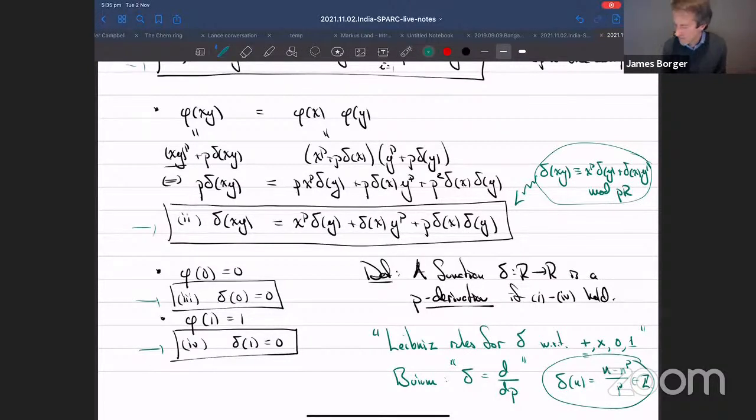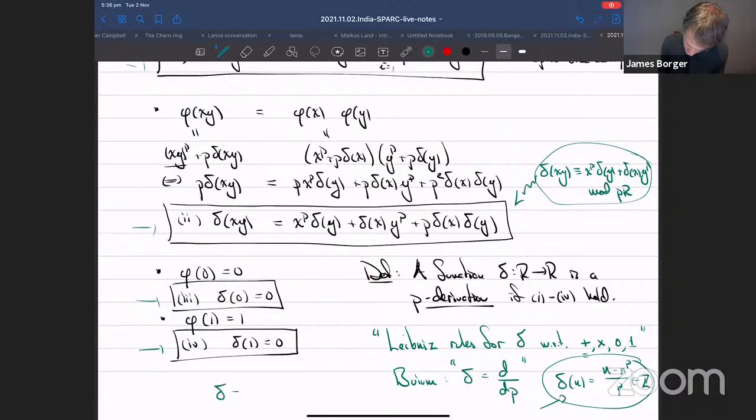You wouldn't say the derivative of the identity is given by this delta. Maybe it depends what you mean by Frobenius map. If you mean the Frobenius lift, the endomorphism, it's somehow the difference between the Frobenius lift and the naive p-power map.